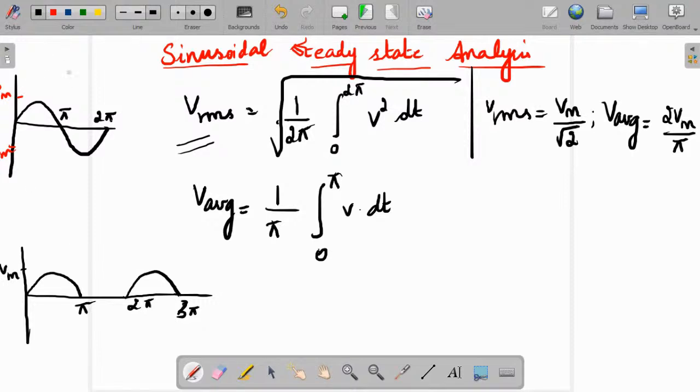So in this case VRMS is given by Vm by 2 and average voltage is given by Vm by pi. இது நம்ம EDC லையும் பார்ப்போம். And here in sinusoidal steady state also we will be seeing this topic.